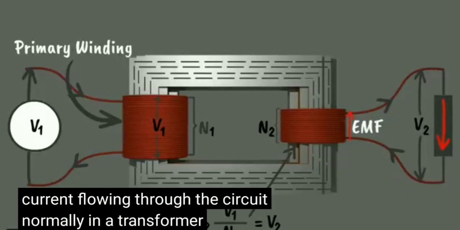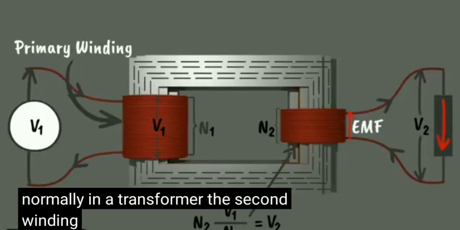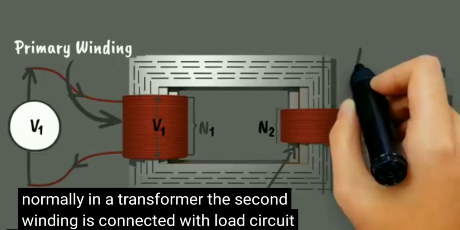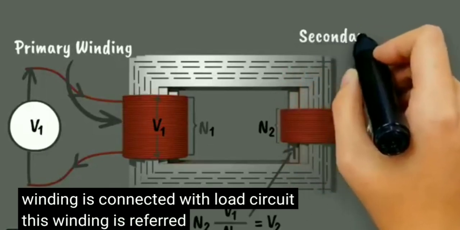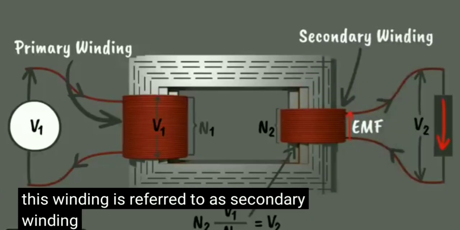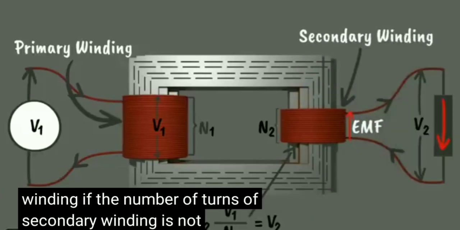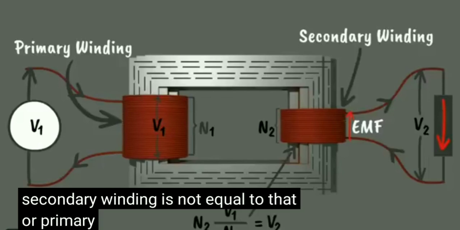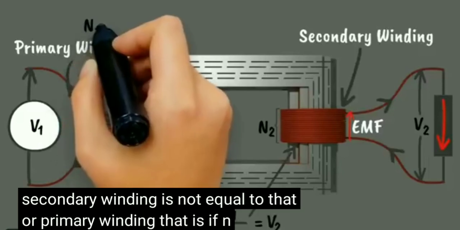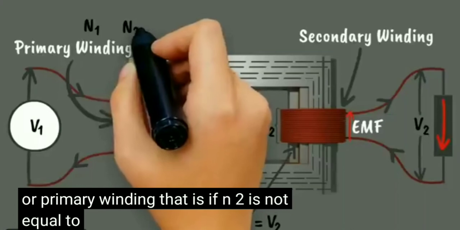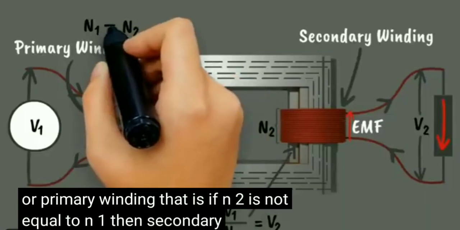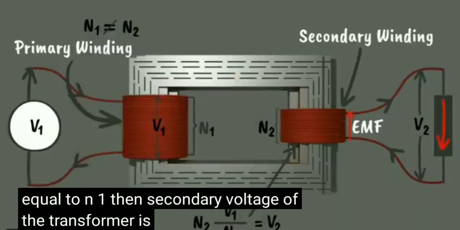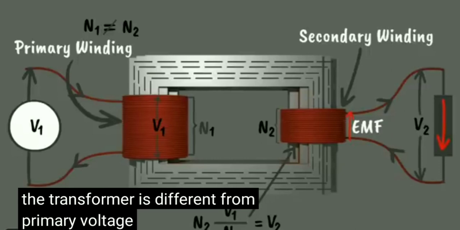Normally in a transformer, this second winding is connected with a load circuit. This winding is referred to as the secondary winding. If the number of turns of the secondary winding is not equal to that of the primary winding, that is, if N2 is not equal to N1, then the secondary voltage of the transformer is different from the primary voltage.